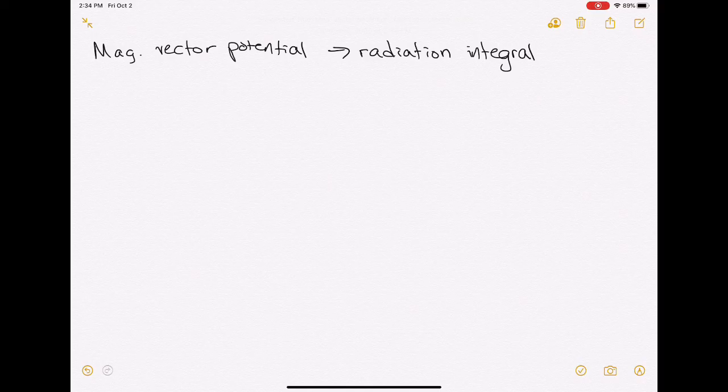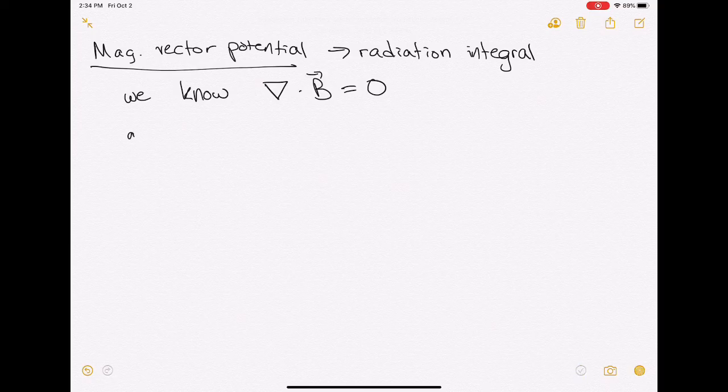So let's start by reviewing what exactly is the magnetic vector potential, specifically for time harmonic scenarios. All right, we start by knowing that there's no divergence of the magnetic field. We also know for any vector field, let's name it A, the divergence of the curl of any vector field is 0.